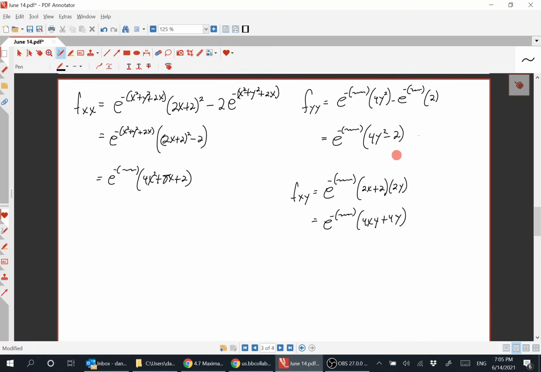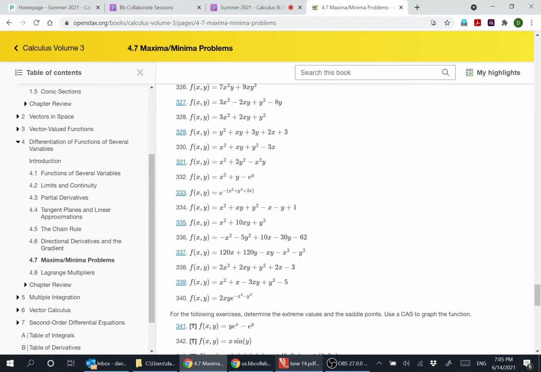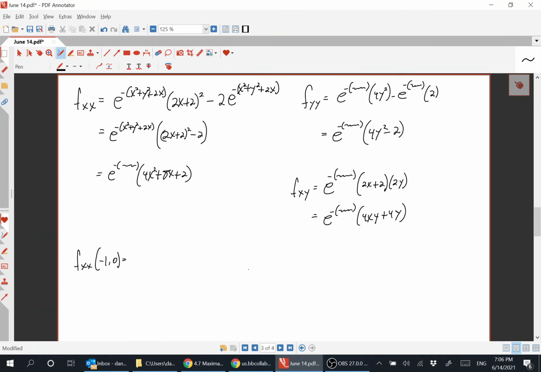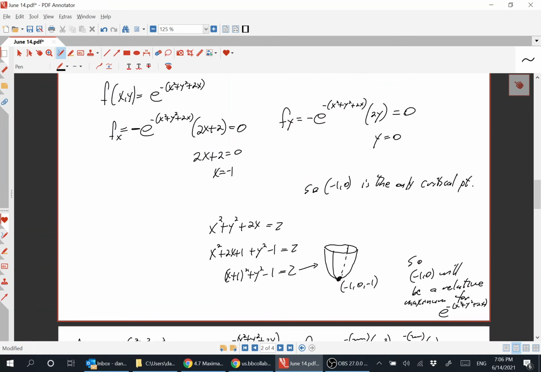All right, so at minus 1, 0. So fxx at minus 1, 0. It's going to be where that paraboloid bottoms out, so the exponent is negative 1.